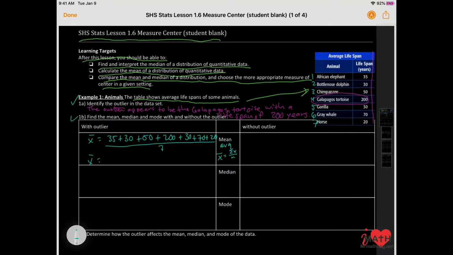Let me pull out my calculator just to make sure I don't make a mistake.